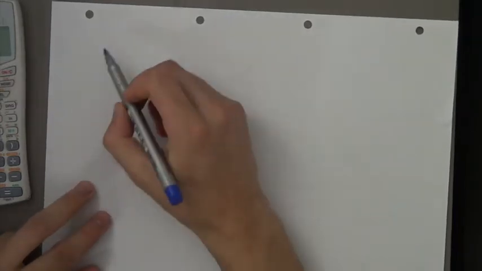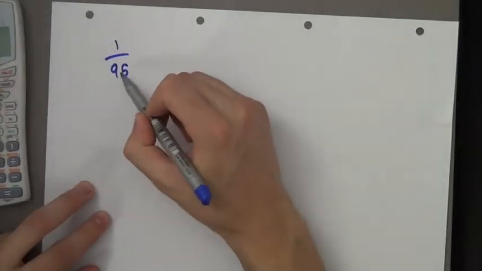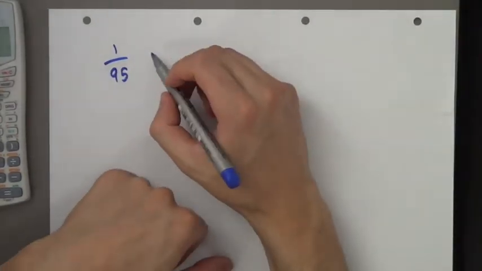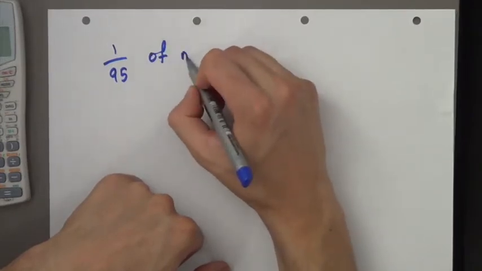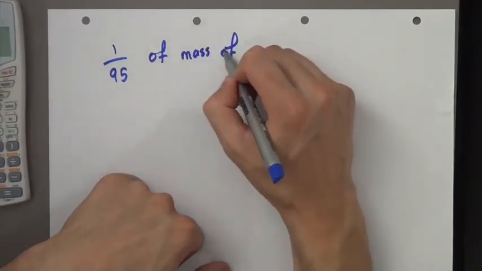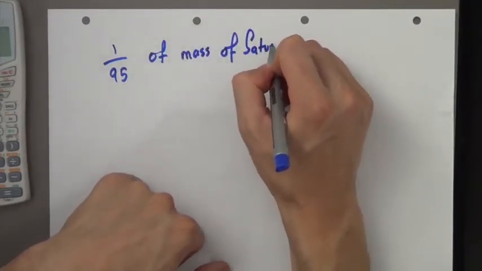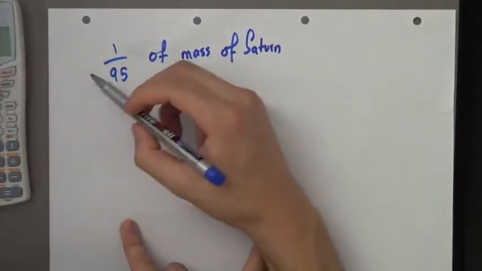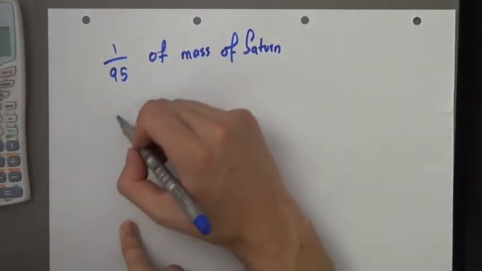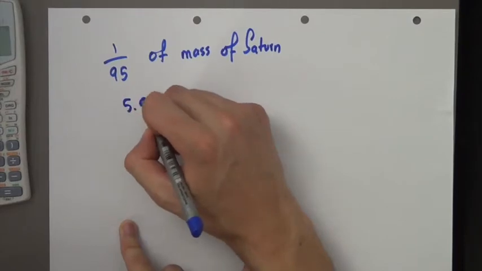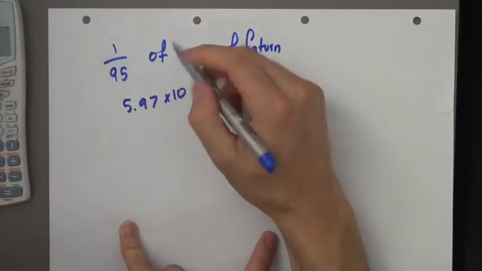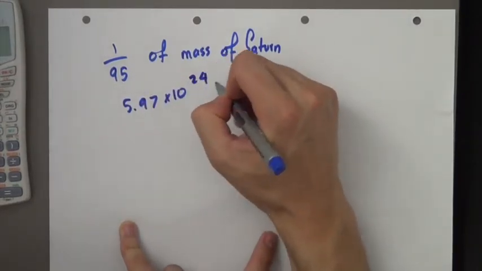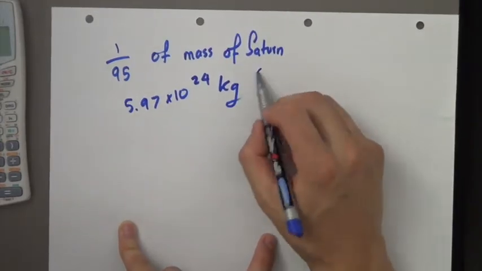So, the mass of the Earth is 1/95 of the mass of Saturn. And the mass of the Earth is 5.97 times 10 to the 24 kg. So this is the mass of the Earth.